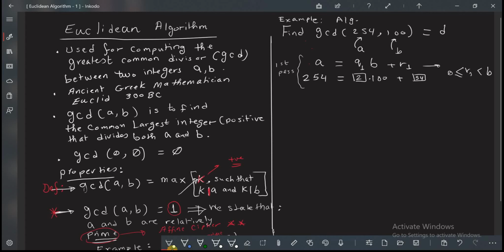Now, the algorithm itself says we need to move, and there is something I need to mention here. This position, A, is called the dividend. B in this case is the divisor, R is the remainder, and Q is the quotient.